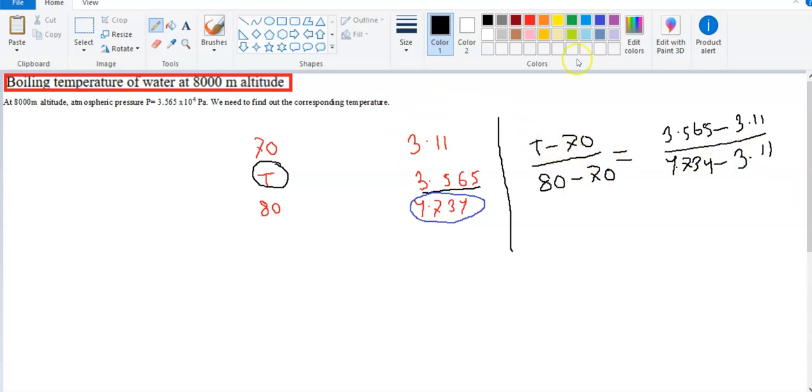Now we have this left hand side and right hand side equal. This is an equation, and you all know how to solve this.